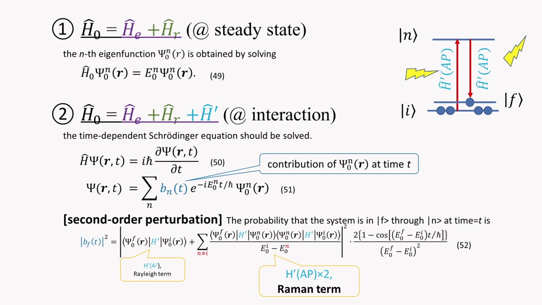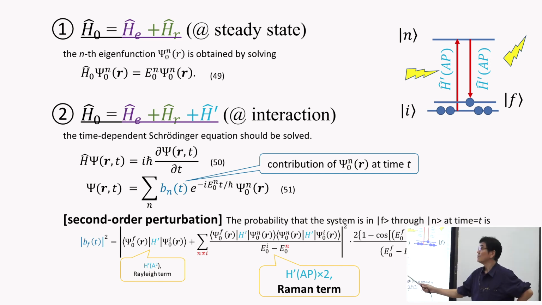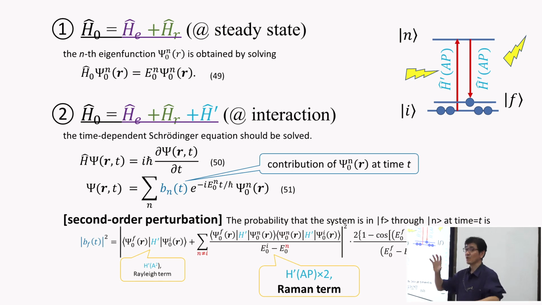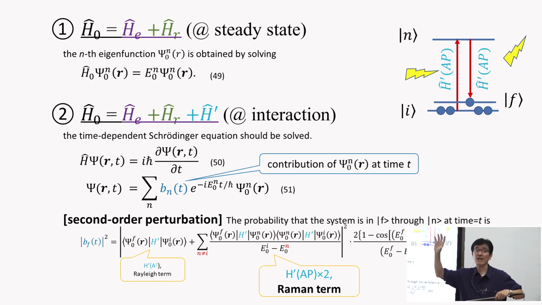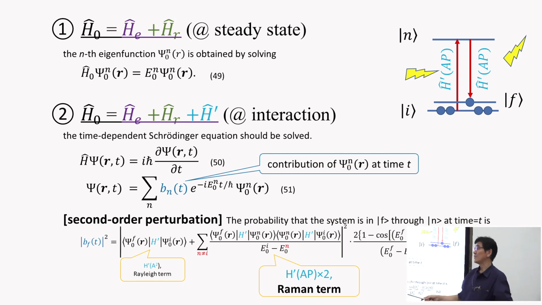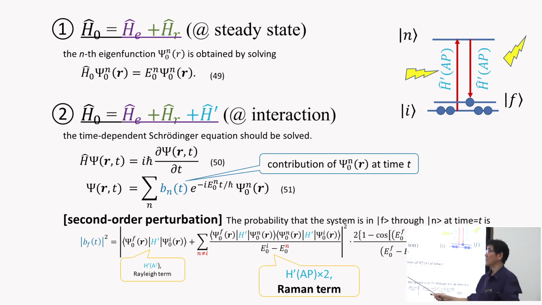Then let's move to the interaction part. In this case, the Hamiltonian should also include the interacting Hamiltonian, right? Then, because of this term, the status of the molecule, or the wave function, changes time by time. For this reason, we need to solve the time-dependent Schrödinger equation.